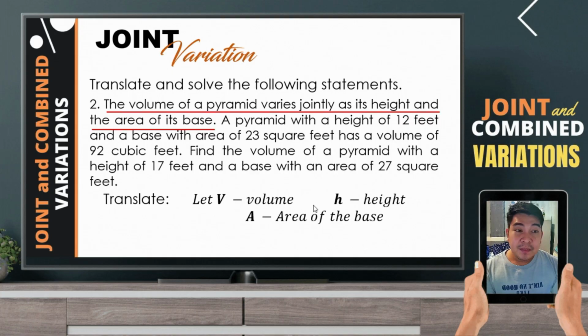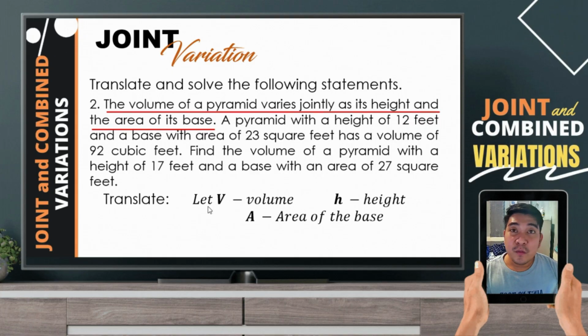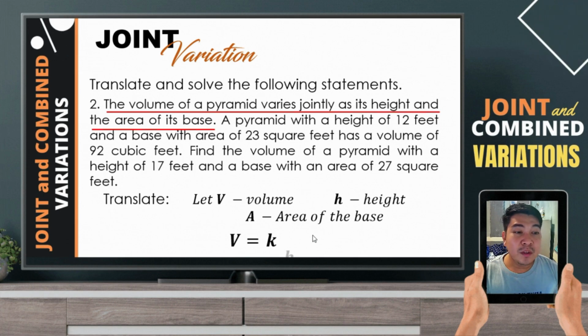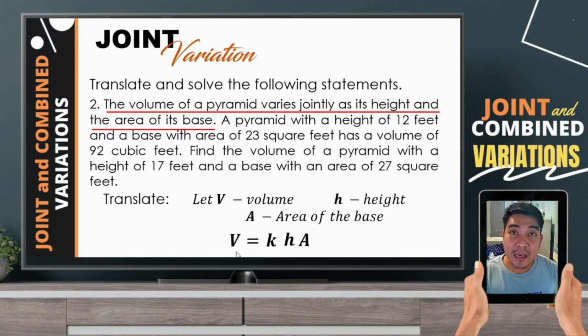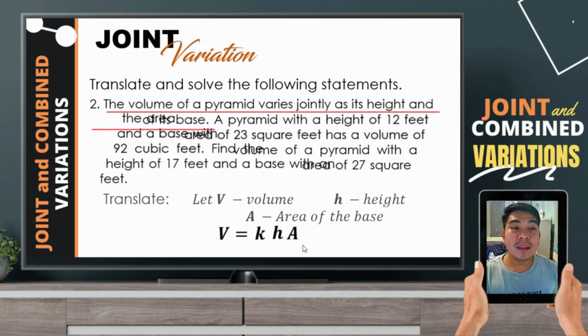We have V, H, and A. Since it varies jointly, we get the first variable, which is V, and that will be equal to K, our constant of variation, times the height, H, and the area of its base, A. So therefore, the equation that will represent the problem will be V is equal to K times H times A.